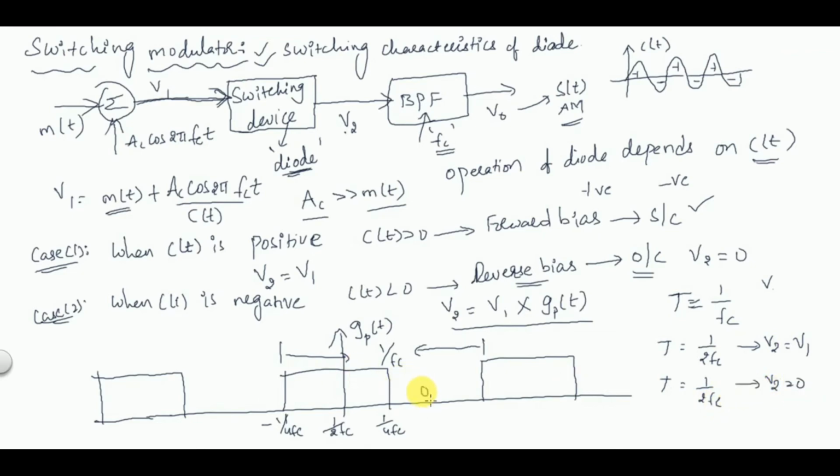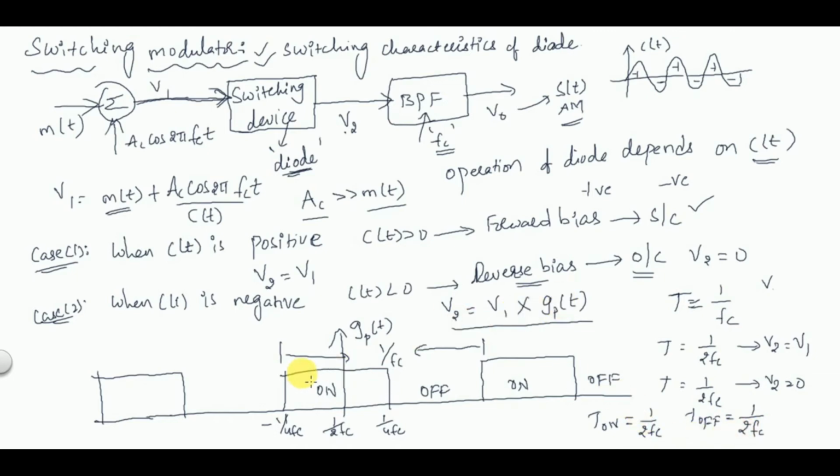So this is off and this is on, continuously on and again off, with a time period of 1 by fc. So T on is half of this, which is 1 by 2 fc. T off is also equal to 1 by 2 fc. So for half the time period it is on, and for half it is off.